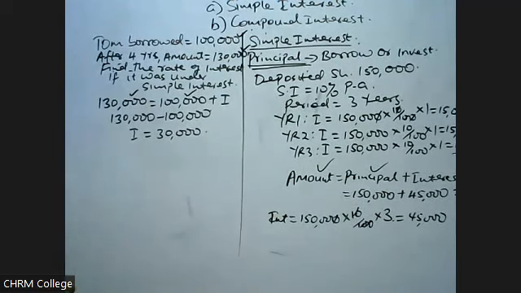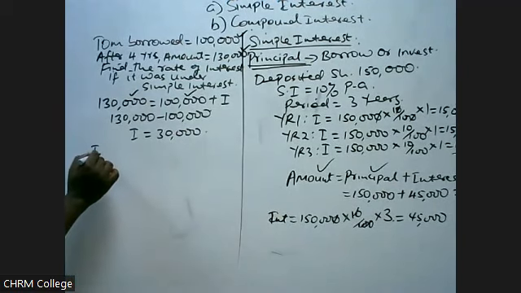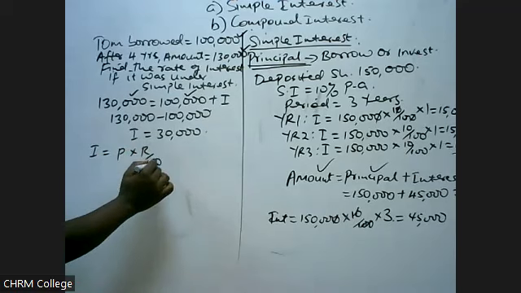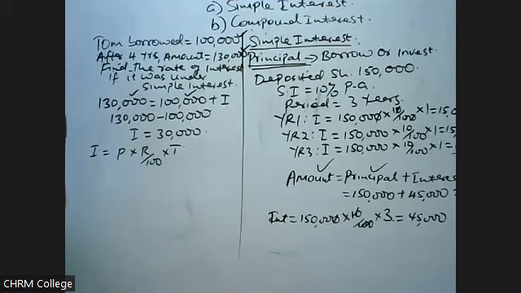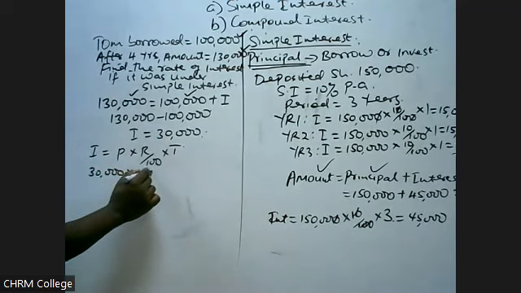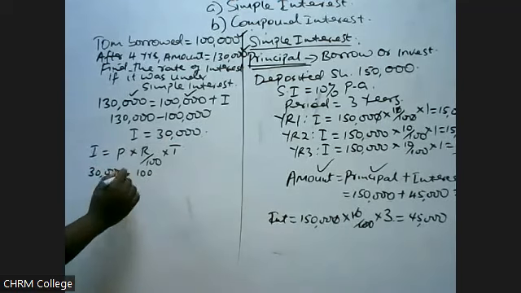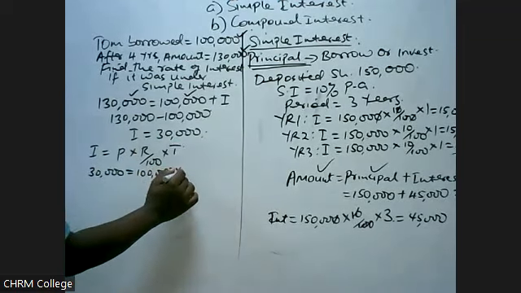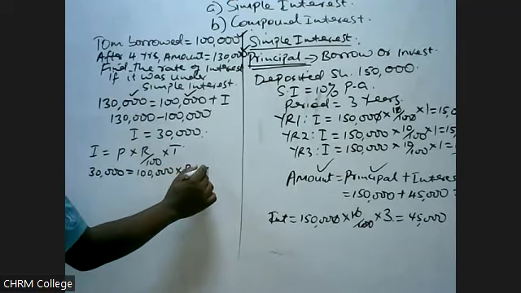How do we calculate the interest? When interest is simple, it is the principal times rate, where the rate is normally in percentage, times the time. In this case, we have computed the interest, which is 30,000, and it will be equal to the principal, which is 100,000, times the rate, which we don't know, times the time.